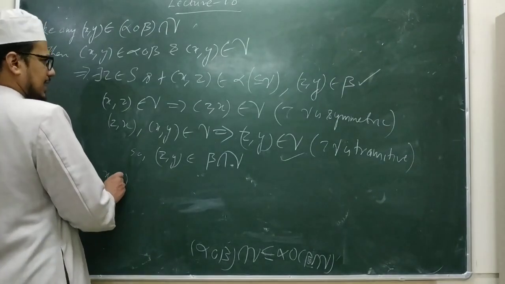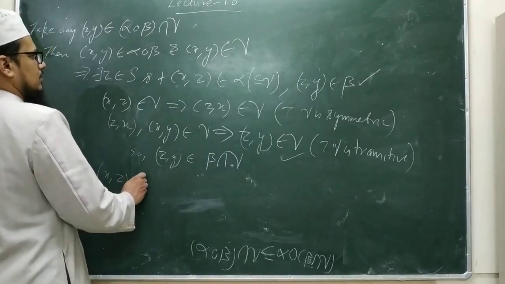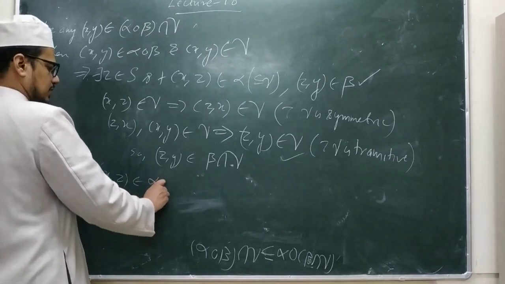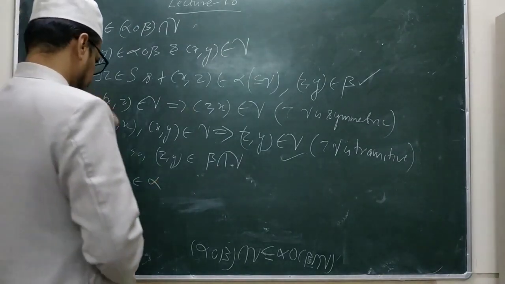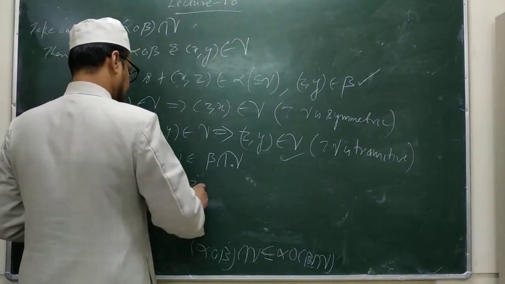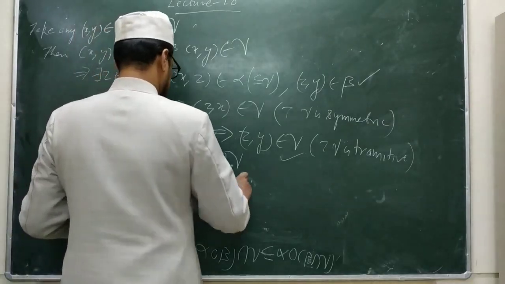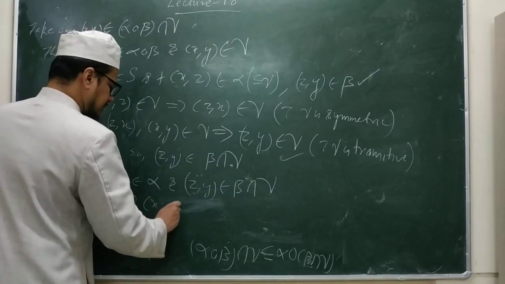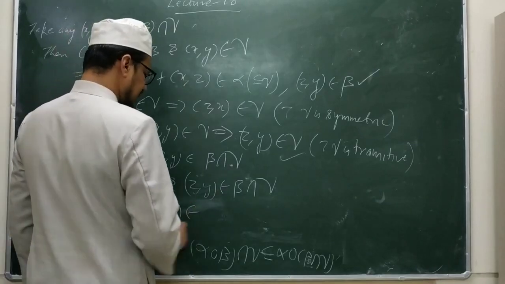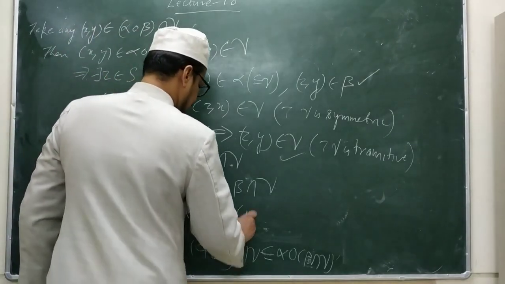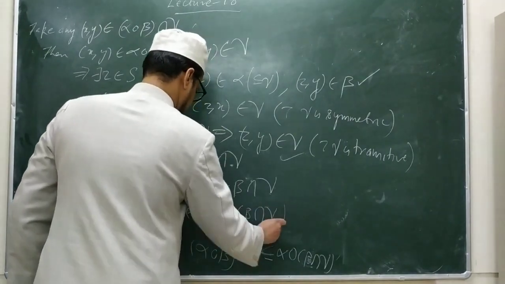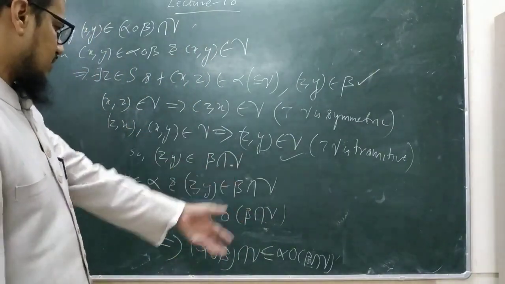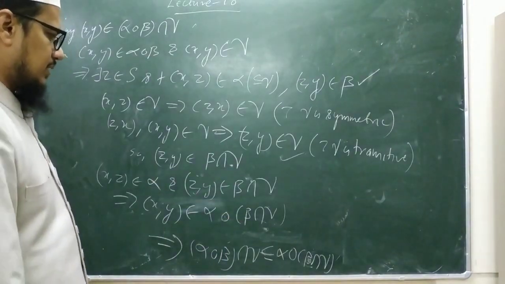Now x comma z is in alpha and z comma y is in beta intersection gamma. What does it imply? It implies that x comma y is in alpha composition beta intersection gamma, which implies alpha composition beta intersection gamma is a subset of alpha composition beta intersection gamma.